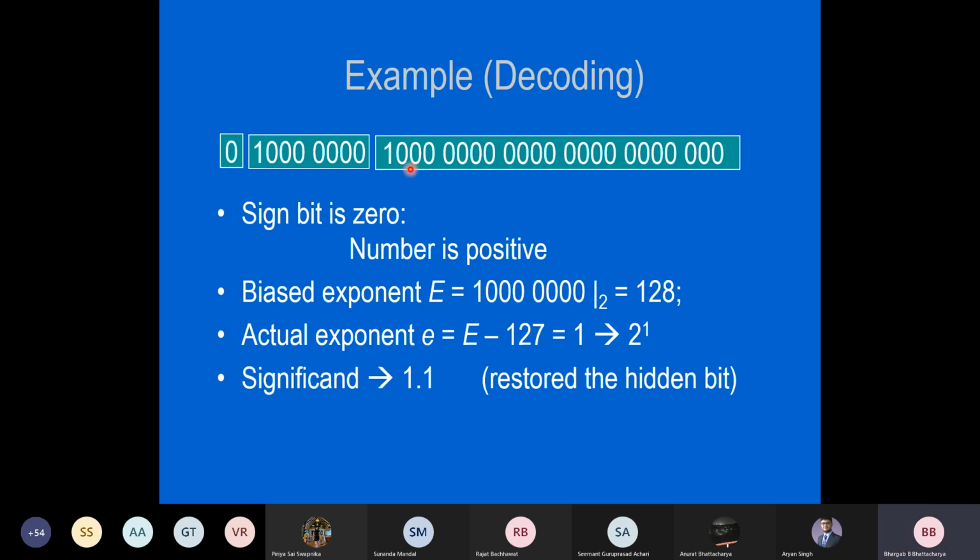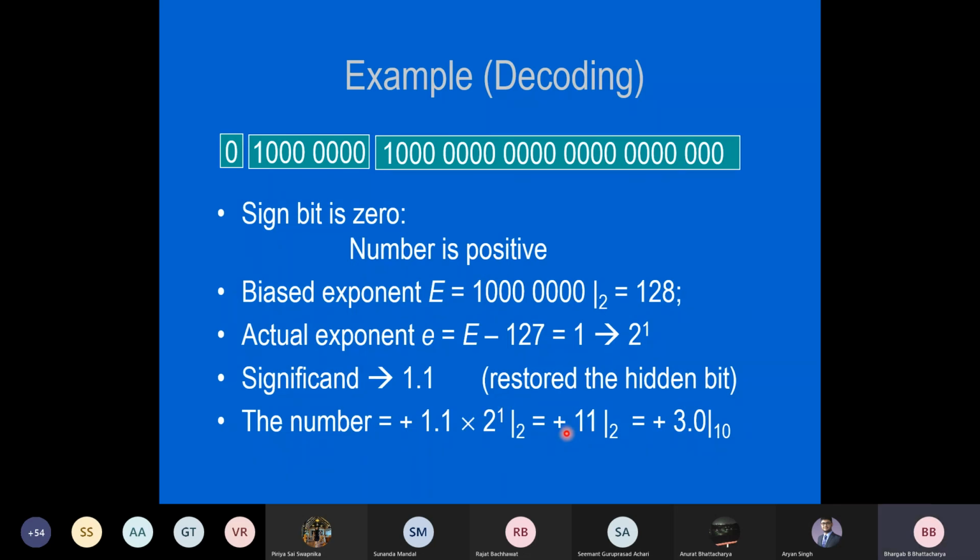The significand is 1 followed by 0s, and this is the hidden 1, restored hidden bit, so 1.1. And therefore the number is plus 1.1 times 2 to the power 1.